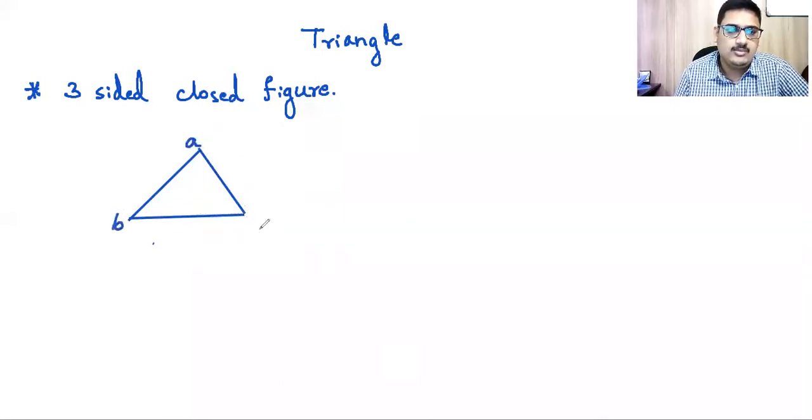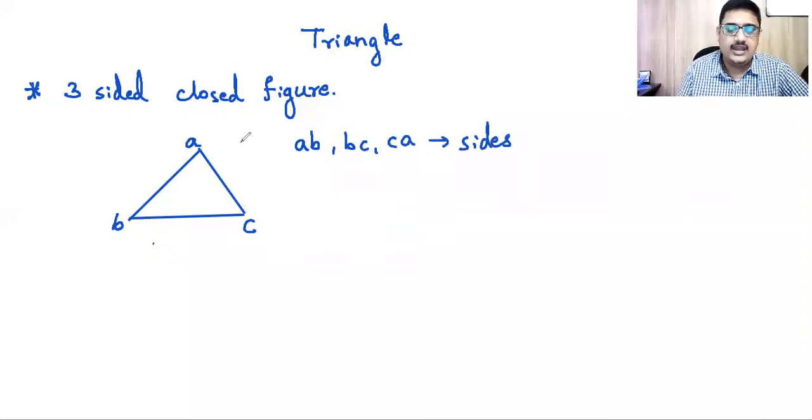Let us name it. If this closed figure is considered, then AB, BC, CA are the sides. So how many sides do I have here? I have three sides, and the angles. Angles are bounded by how many sides?